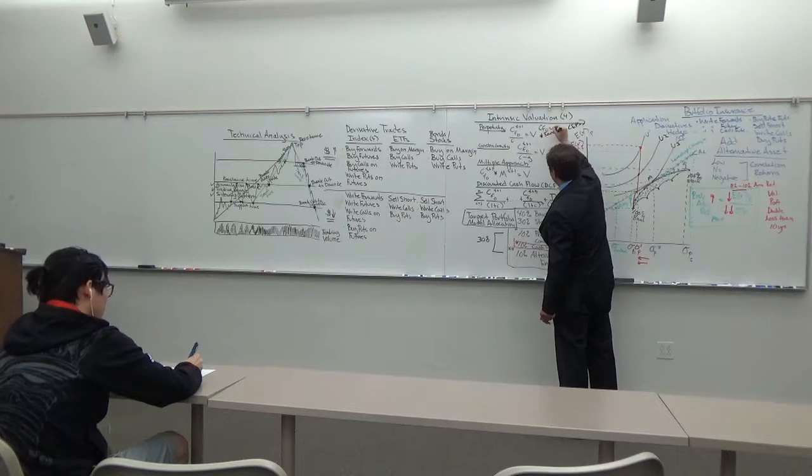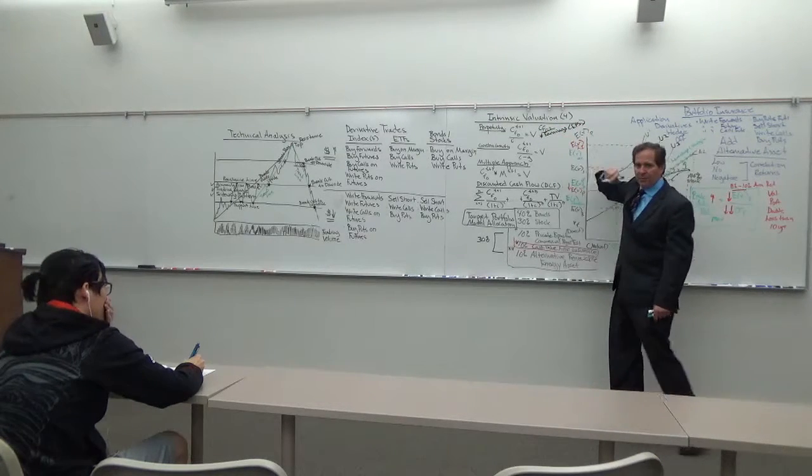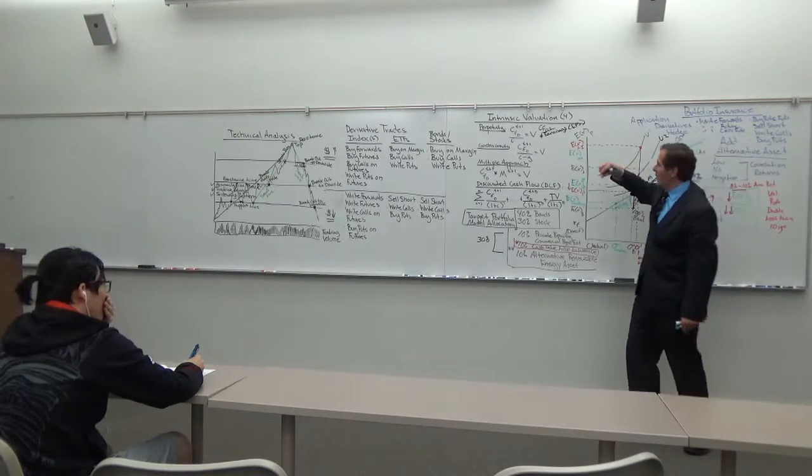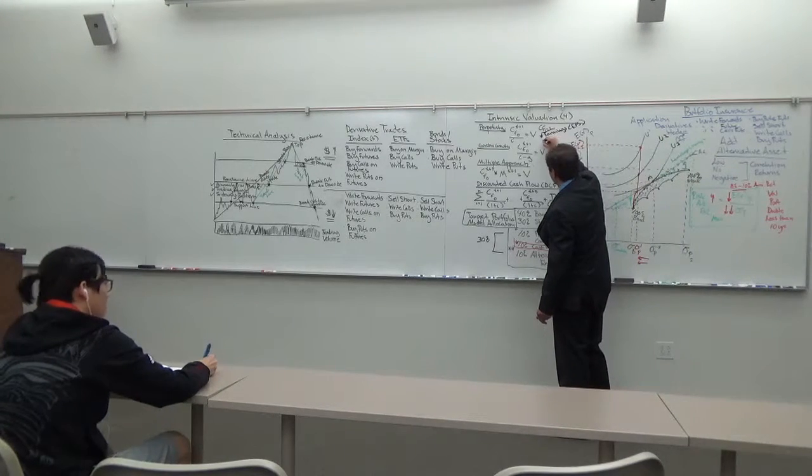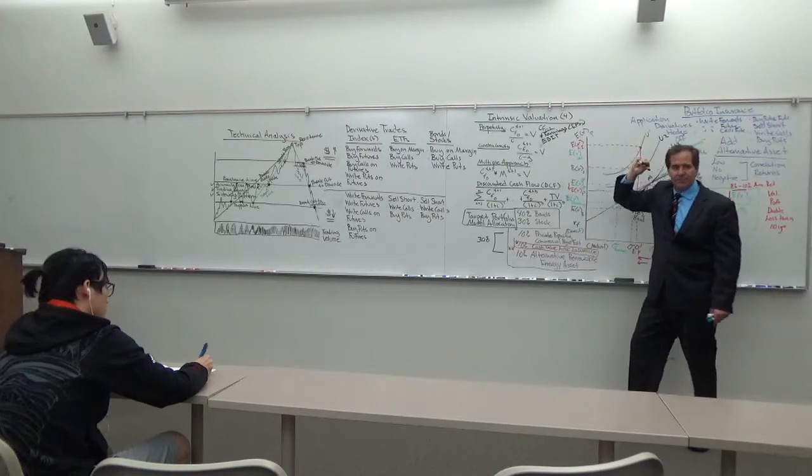This is what we use for stabilized companies. I can also use earnings before interest and taxes, EBIT.